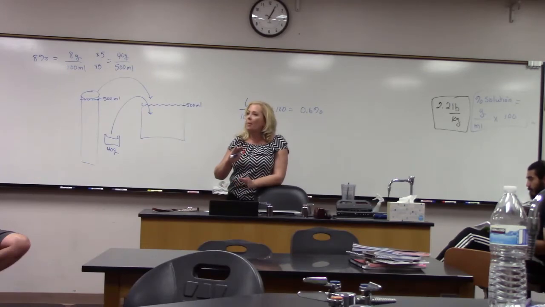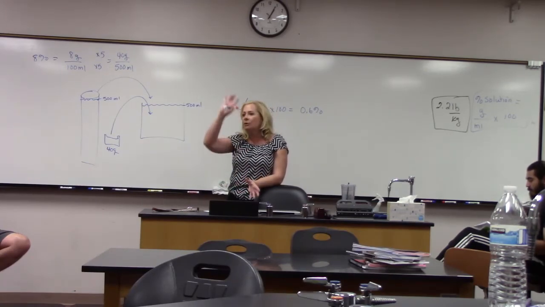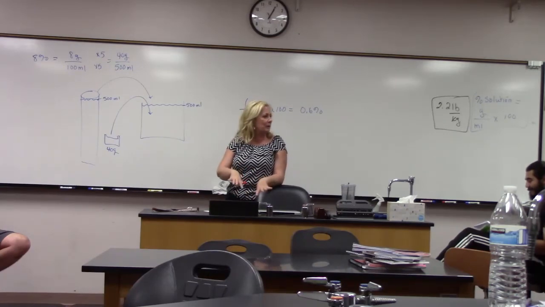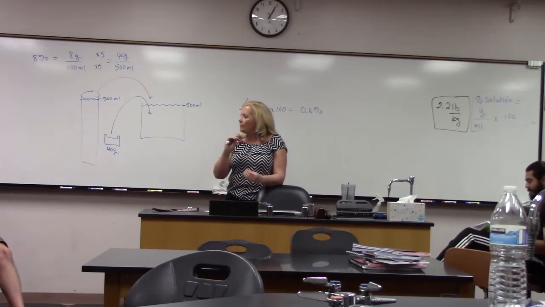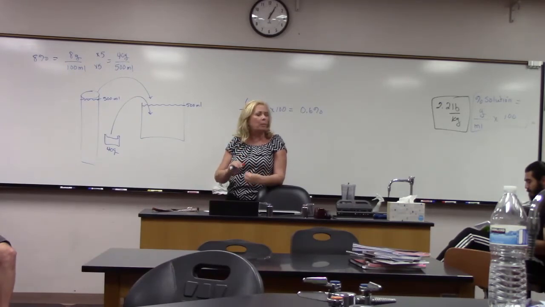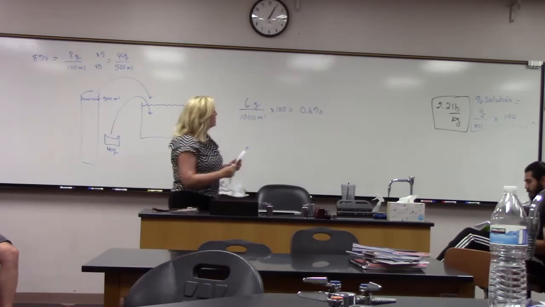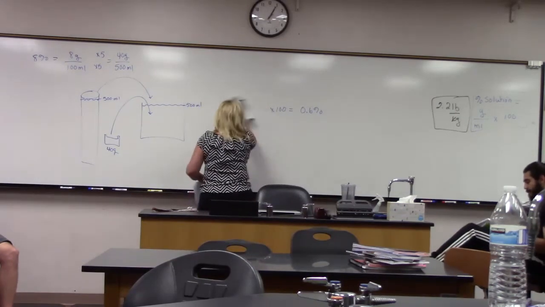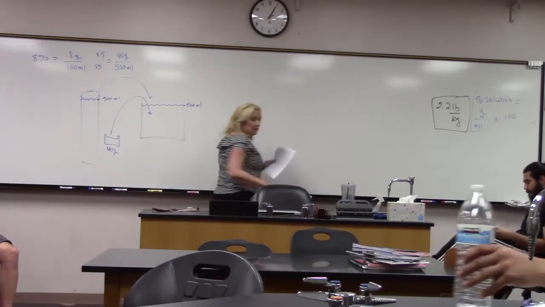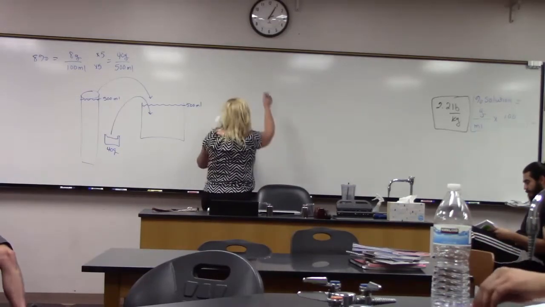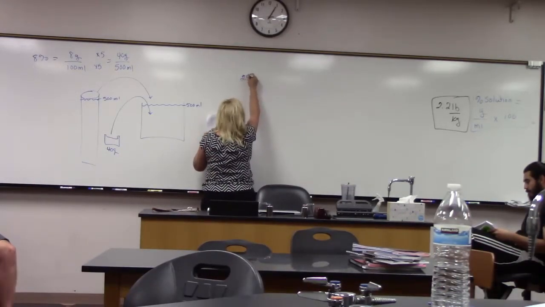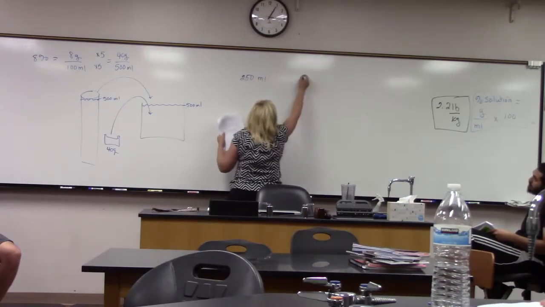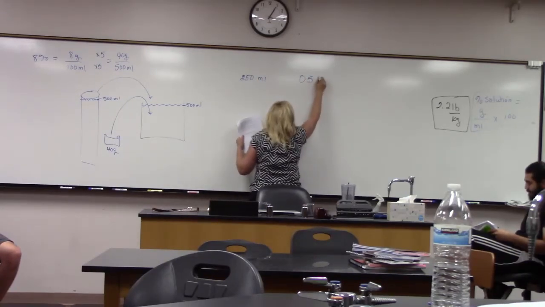And step number 1 is don't just stare at it and hope that angels come down and teach you how to do this, okay? Step number 1, put everything down on the paper. All the numbers, just write them down. Okay, so let's write some numbers down here. I'm going to erase this one. So, one of the numbers, we have 250 milliliters, and we have 0.5 molar.